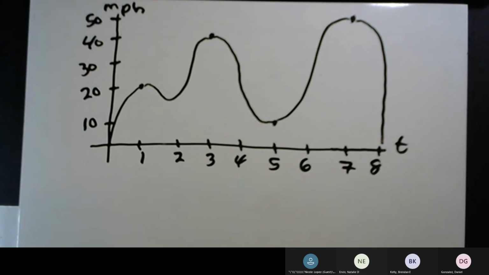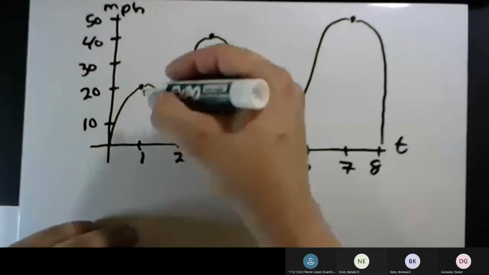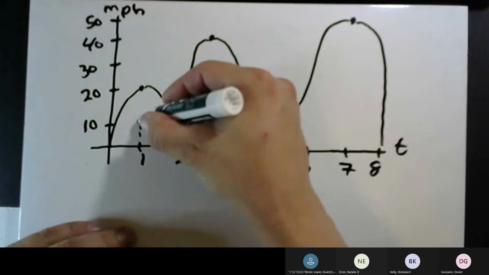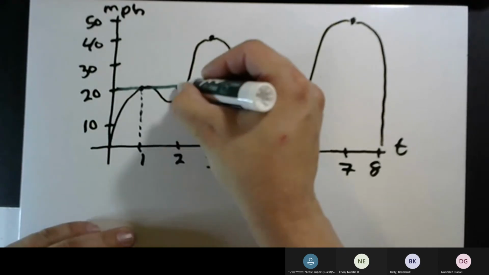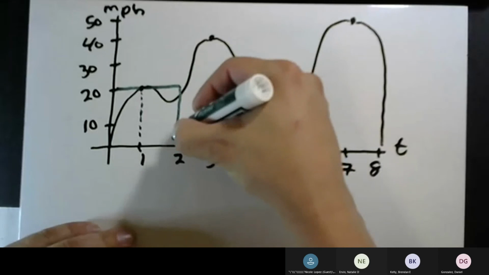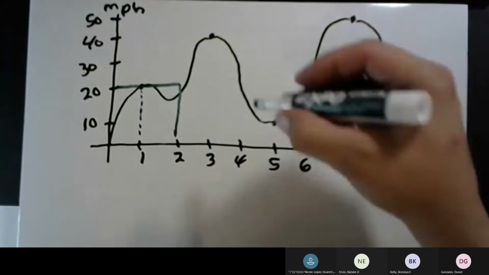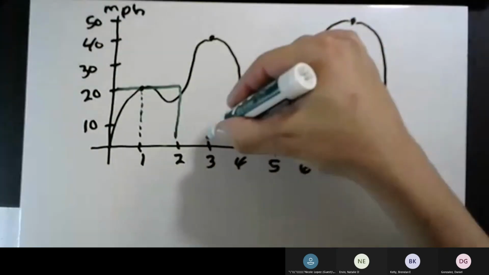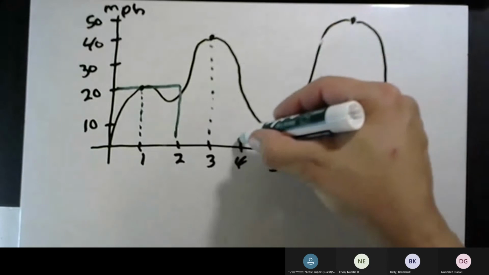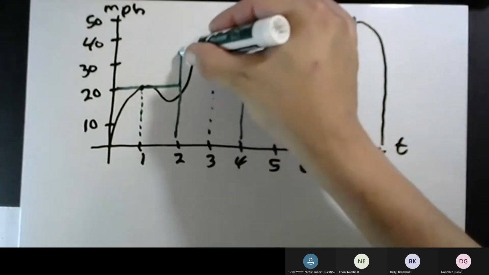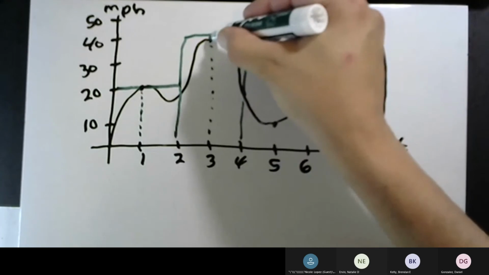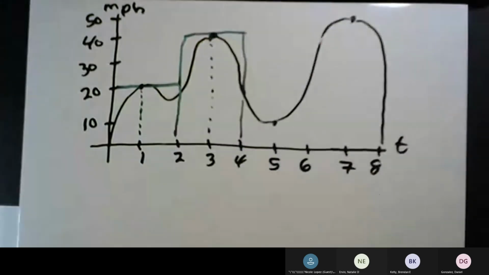So again, I'm going to use 4 partitions. So I'm going to use this as my midpoint. Excuse me. And that's our rectangle. For the first one, here's the second rectangle. We'll do this.